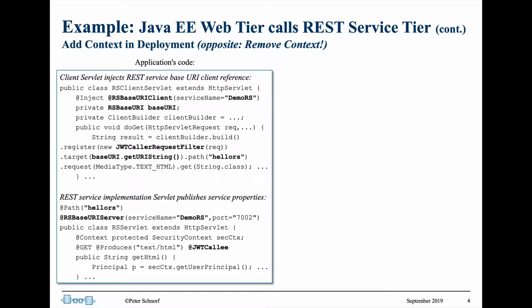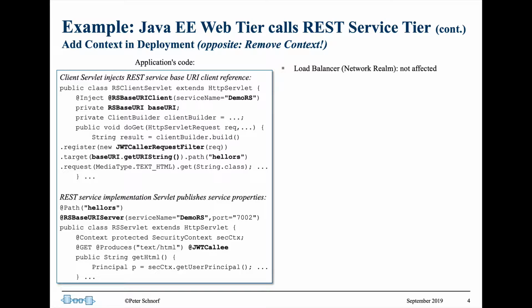Then within that servlet, the getHTML method, which will be called from the REST system underneath, has the annotation JWT callee in order to set the security principal according to the token that was propagated with the call.